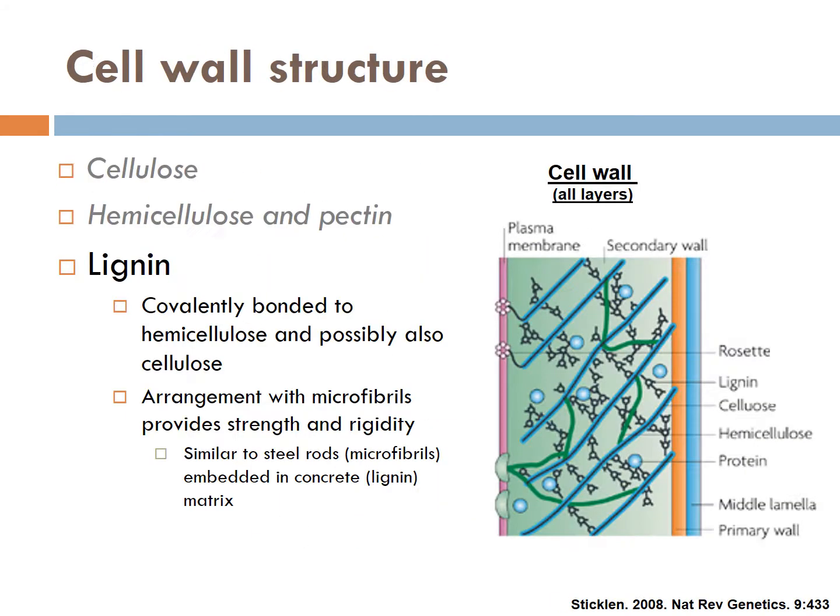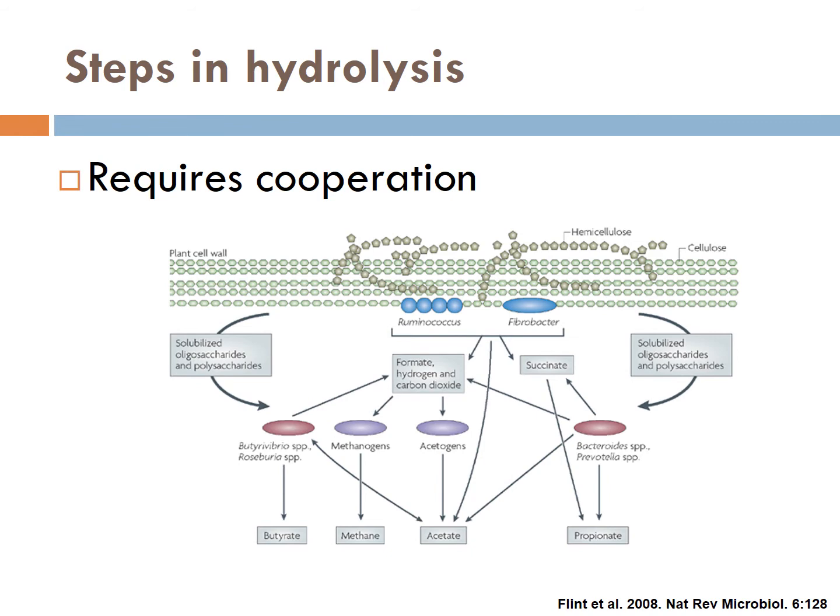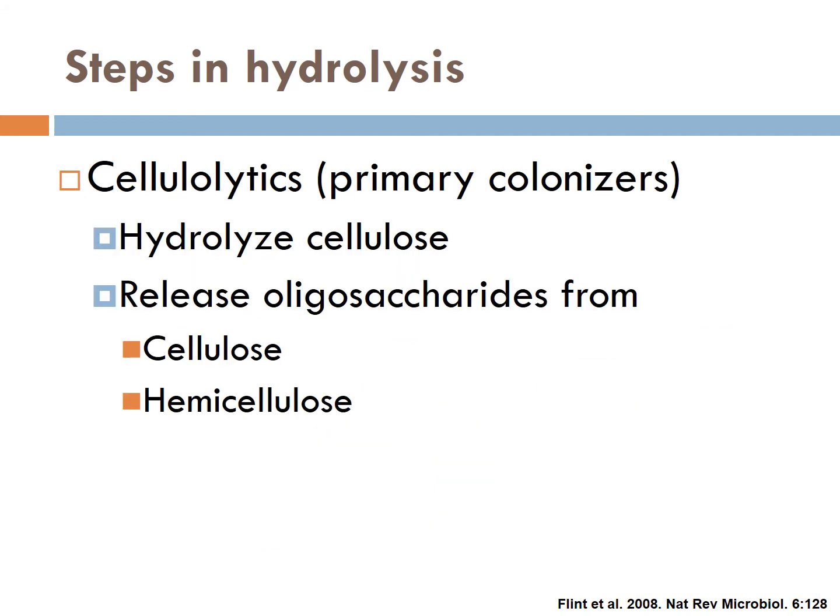Because of the complexity of the cell wall, its hydrolysis requires cooperation. The figure at bottom shows all the microbial species involved and their interactions during hydrolysis. We'll go over each of these steps in detail. First, the cellulolytics, the primary colonizers, degrade the cellulose in the cell wall.